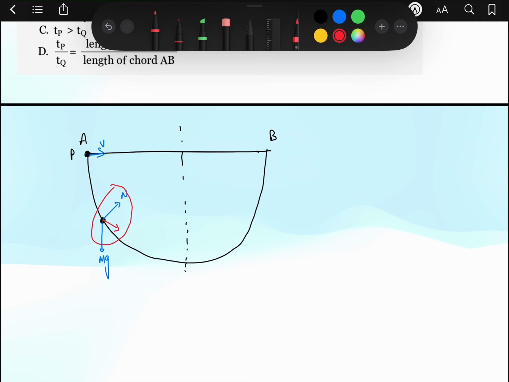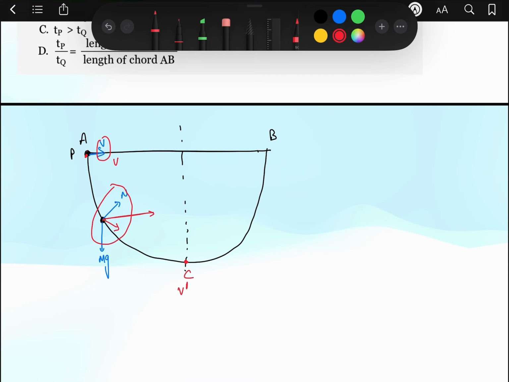Obviously at this point, if I assume this is the middle point C, then at point A its horizontal component of velocity was v. So there is a component of net force acting in the horizontal direction. So obviously from point A to point C, if the horizontal component of velocity is v at A, then at C the horizontal component of velocity will be v dash.